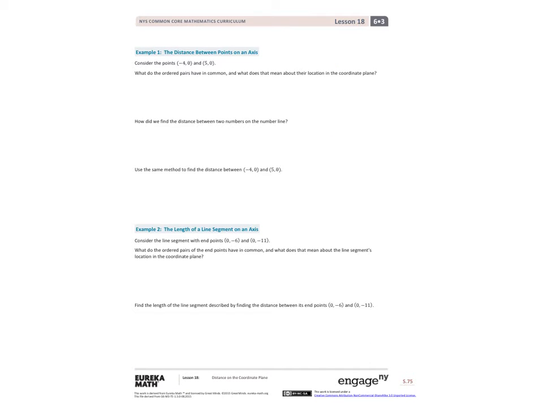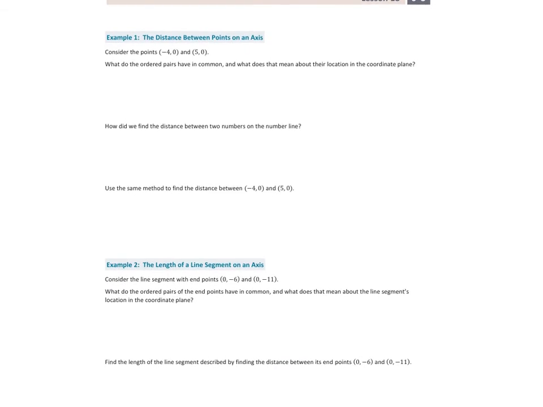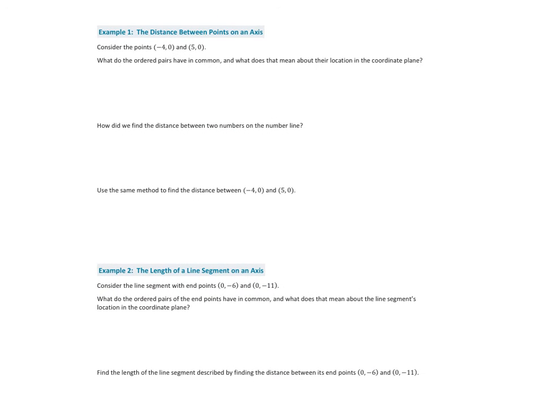We are on to, I'm going to enlarge this. It says, consider the points (-4, 0) and (5, 0). So again, I really do draw stuff out. So I go -4, 0, and then it said go over to 5, 0. So those are where those points would be. Here's 0.